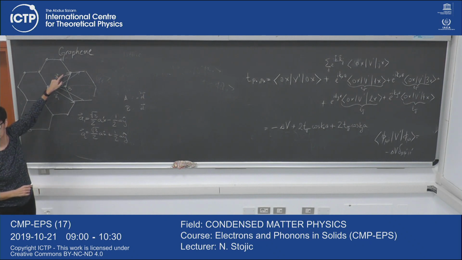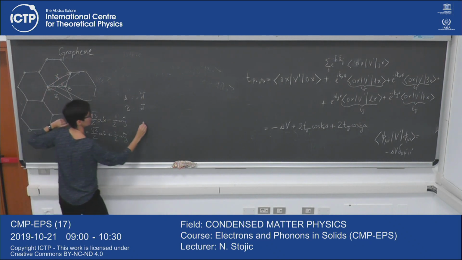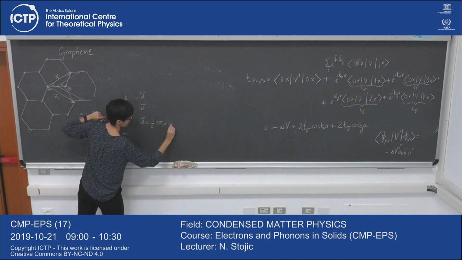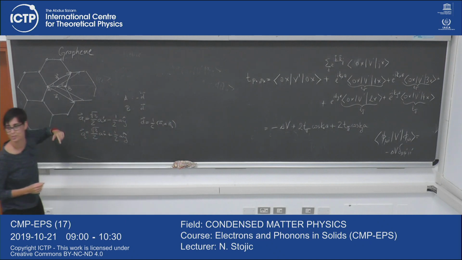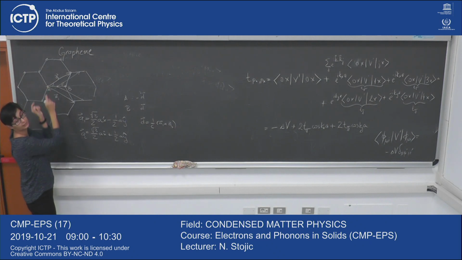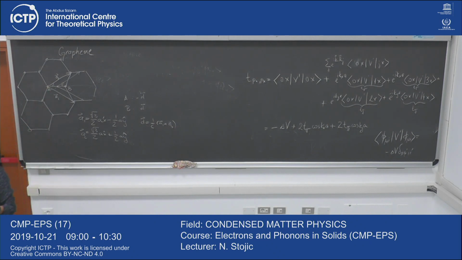Do you follow? And D is then one sixth of A1 plus A2. It's nothing smart, I'm just trying to put a number to it. I'm just trying to express this distance, but I'm not going to use it for anything.